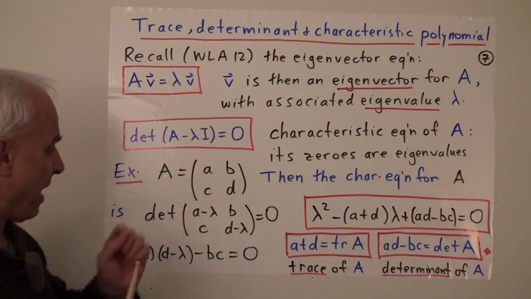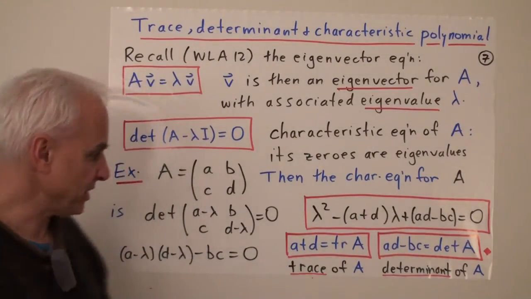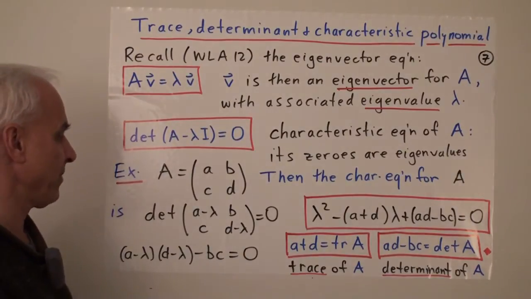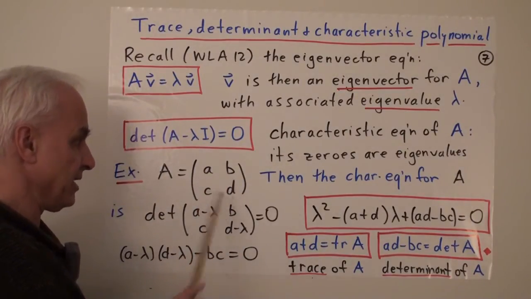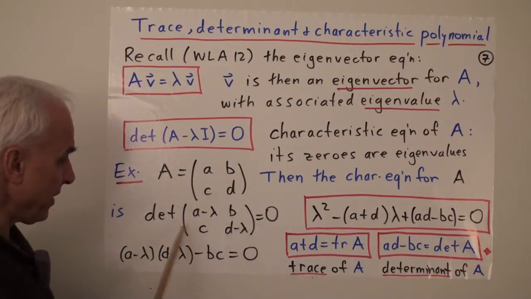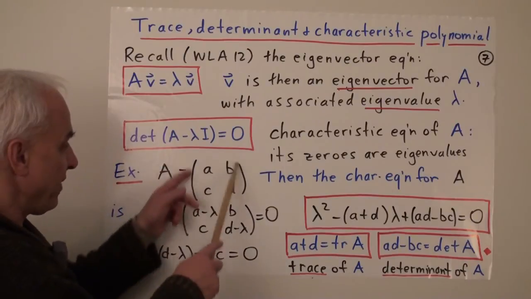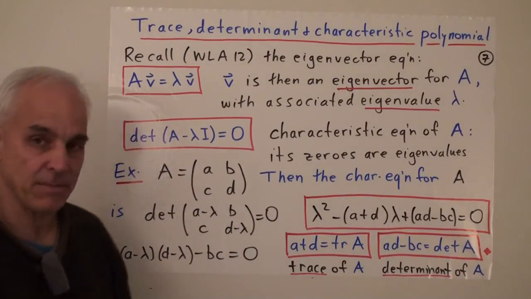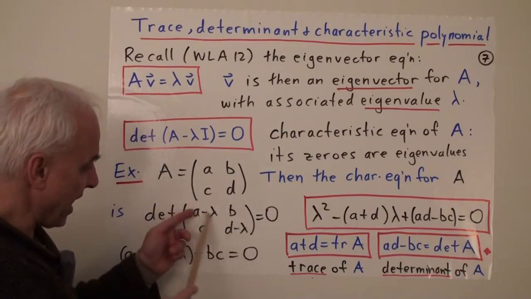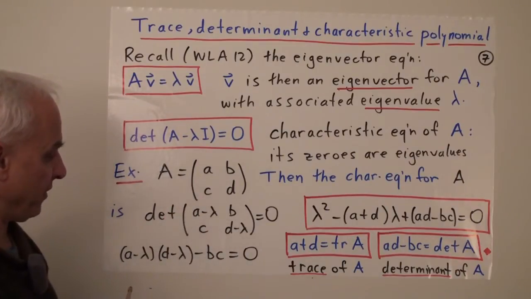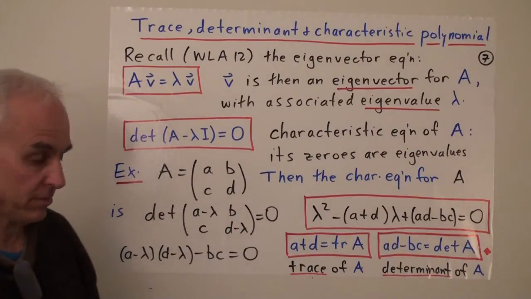And let me remind you what happens specifically in the 2x2 case, which is relatively simple. If we have a matrix A whose entries are little a, b, c, and d, then the characteristic equation for A is this one, the determinant of this matrix minus lambda times the identity. It means we're subtracting lambda from the diagonal of the matrix and taking the determinant of that and setting it equal to 0.